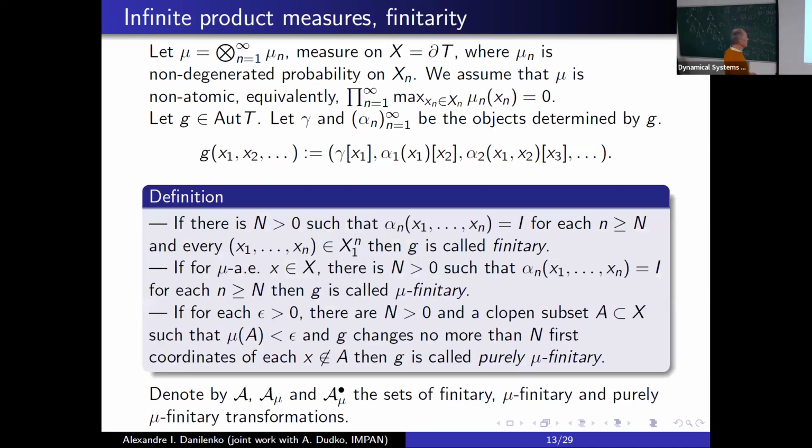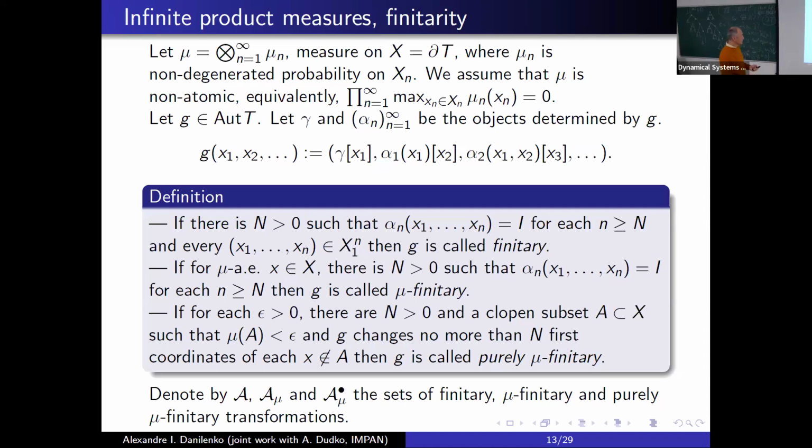Now the definition. First of all, I want non-singularity. If there is n such that g does not change any coordinate starting from n, then g is called finitary.